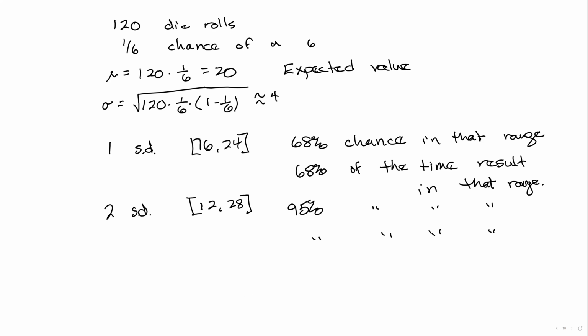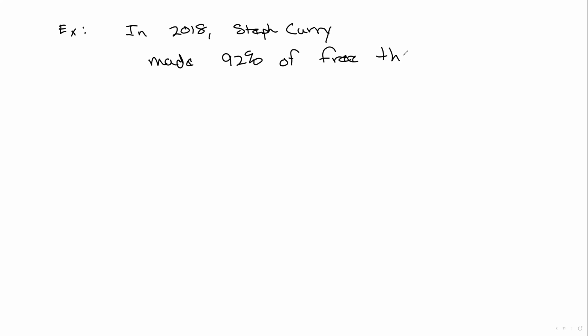I think that's really cool. And then let's just finish up with one more example here. In 2018, Stephen Curry made 92% of his free throws. If Steph shot 600 free throws, how many would he make, give or take?